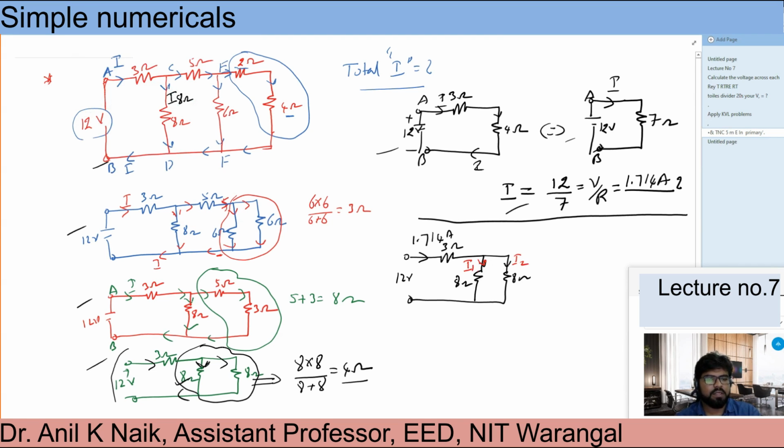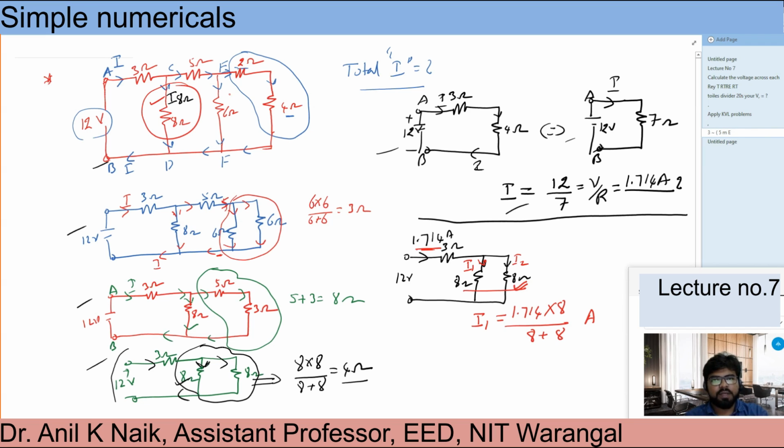Then I1 can be written by applying the current division technique. I1 is equal to the total current 1.714 into this resistance by the total resistance, 8 plus 8. So this is the answer for the current flowing through this circuit.